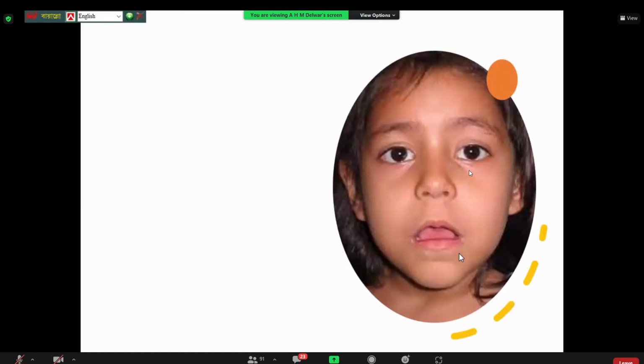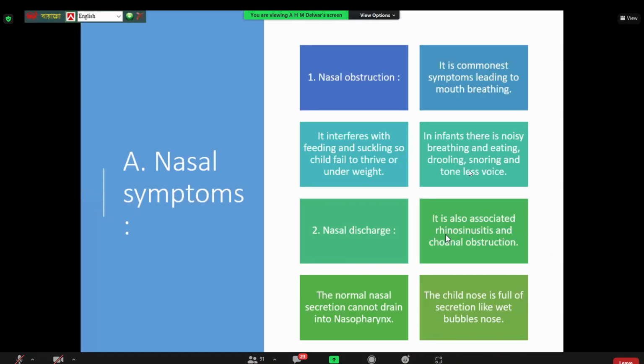This is one picture of the child. This is an open mouth. You see the open mouth. Nasal symptoms are most important. What happens after nasal obstruction? The commonest symptom is mouth breathing. It interferes with feeding and suckling, so the child fails to thrive or is underweight.